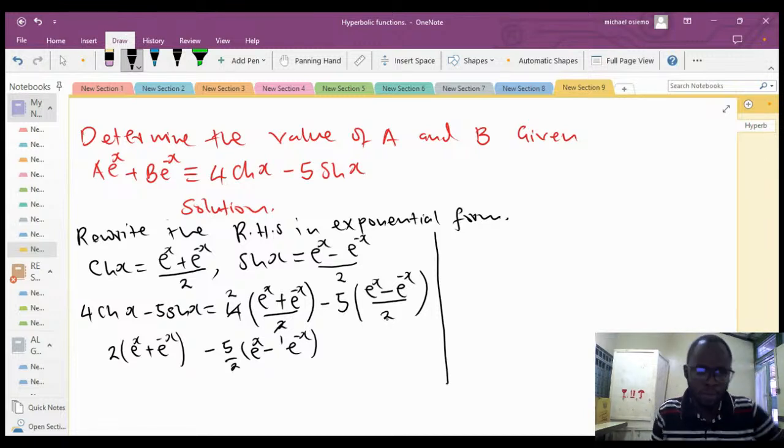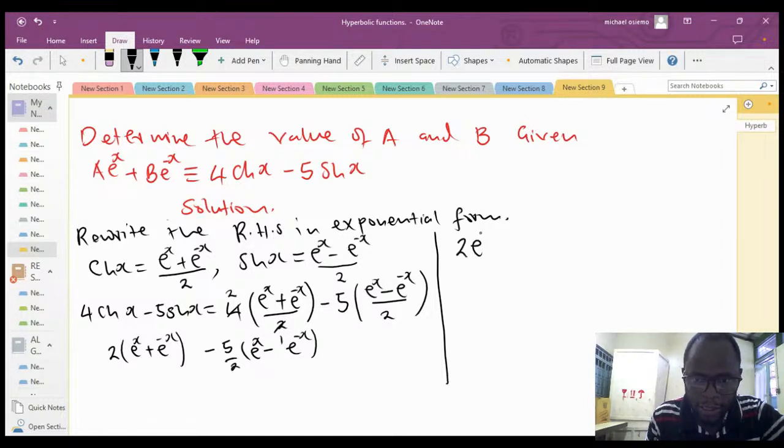Thank you. So we open up the bracket. When you open up the bracket, you're going to have 2 exponential x plus 2 exponential negative x minus 5 over 2 exponential x plus.